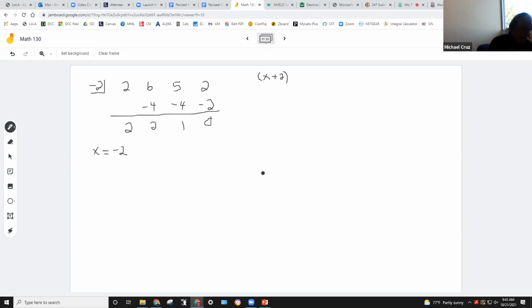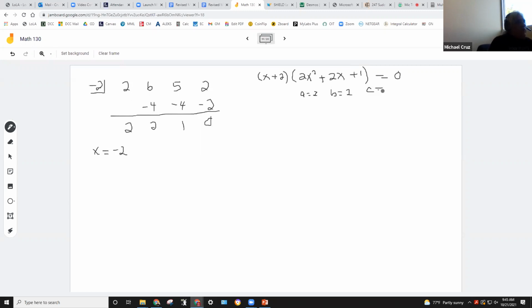Now, the other part is this right here, and then we're going to solve this one right here. In other words, this means a is equal to 2, b is equal to 2, and c is equal to 1.